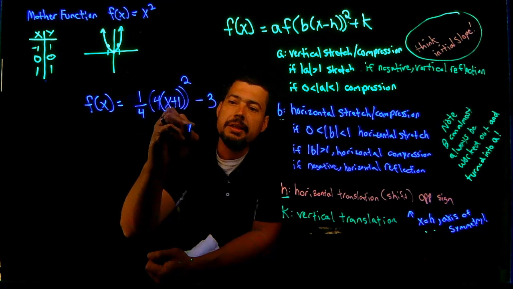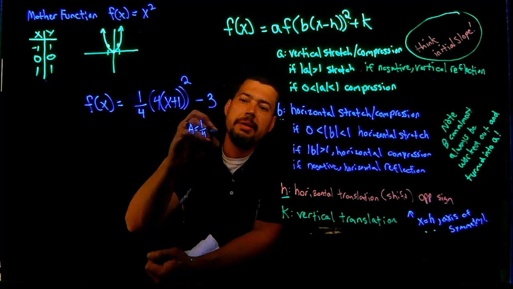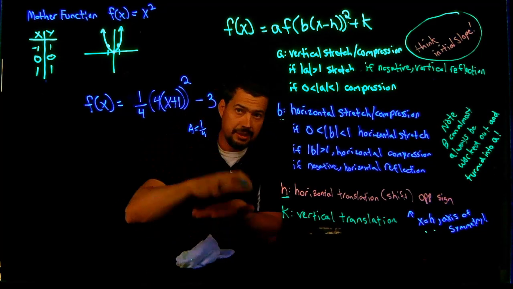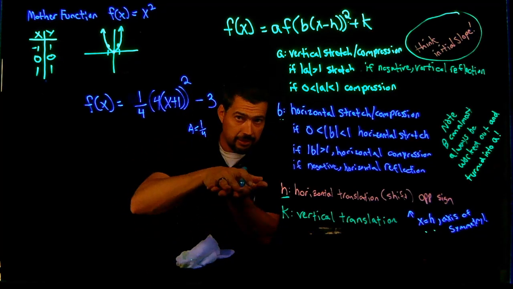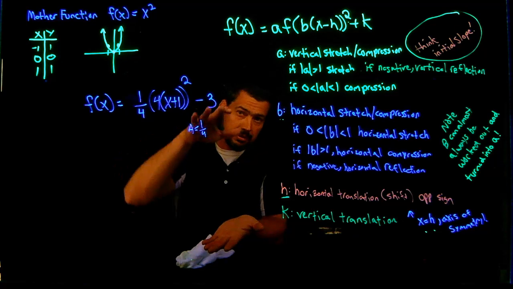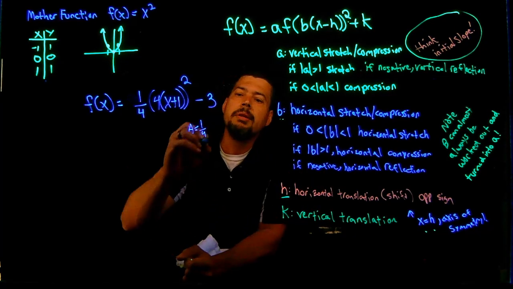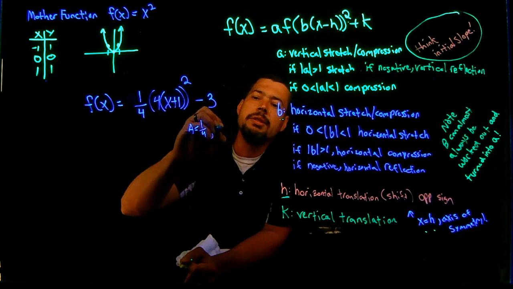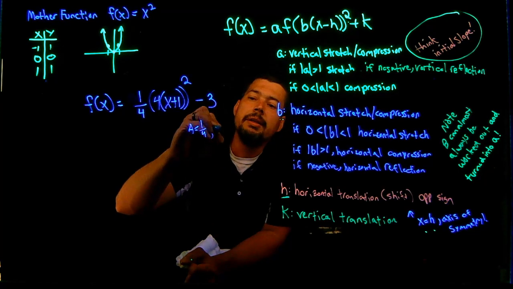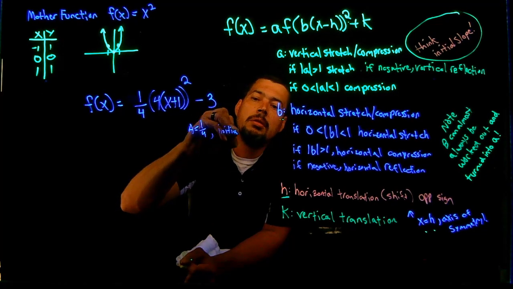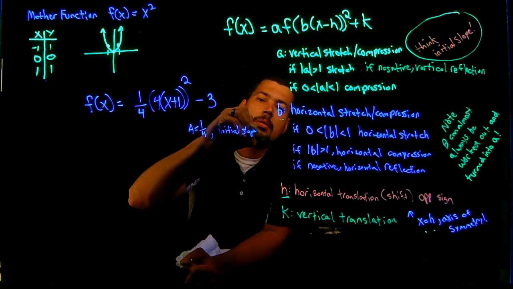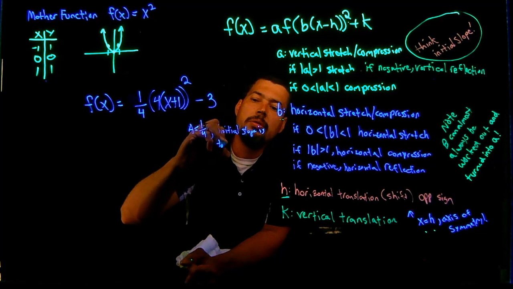So if you look at this thing, it says A is 1/4. That means that we are compressing the graph, but as you push down on some Play-Doh, it gets wider, right? So a vertical compression is the same thing as a horizontal stretch. But A is 1/4. That means we are pushing down, but the initial slope is to run.